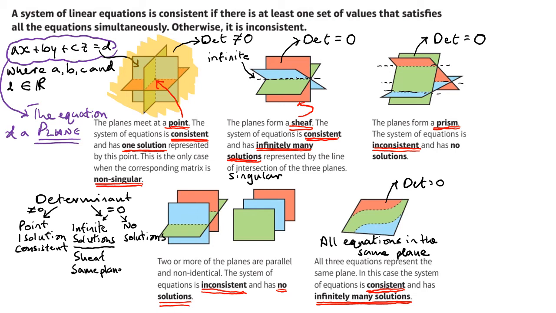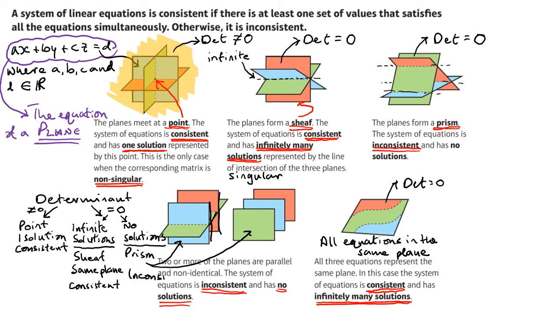These are all consistent. Now when there are no solutions, we will either have a prism, or we will have, I don't know what to call these ones, either this one or this one, like the one stacked in front of each other, the one that looks like an H shape there. Then those ones have no solutions, and we say that they are inconsistent.